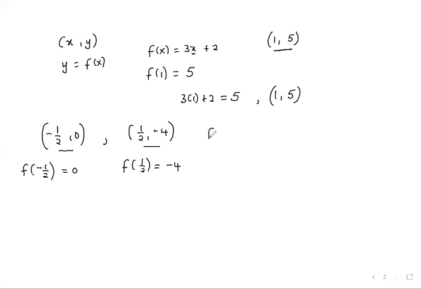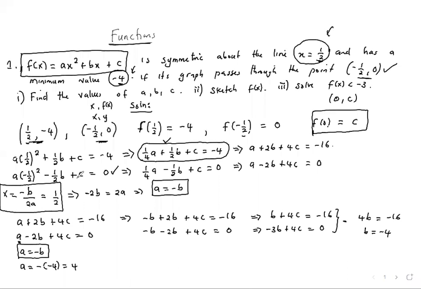And if f is given as ax squared plus bx plus c, then where there is x, when you take negative half, you should get 0, where there is f of x. That's how these equations came about. That's how I got this equation. And that's how I got this equation.